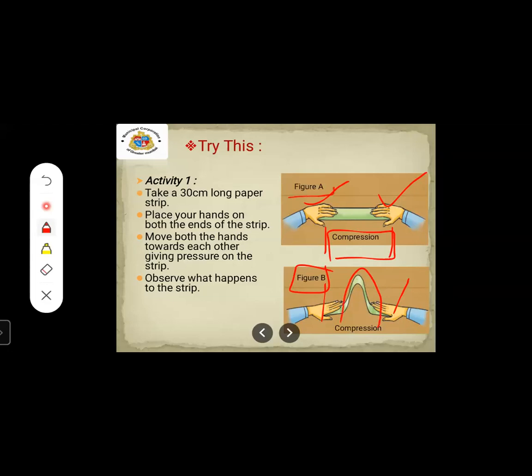In figure A, we are giving pressure from both sides, which is known as compression. And when we move slowly towards each other, it creates a fold in between, which is known as fold mountains.